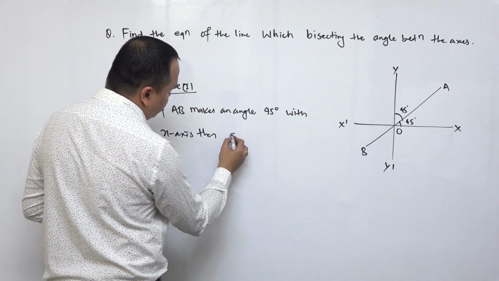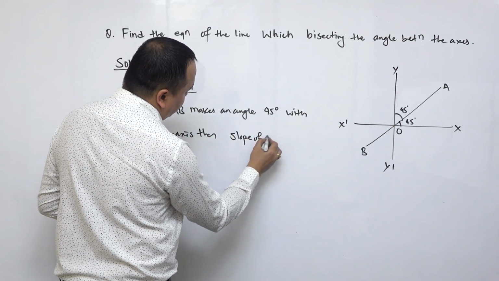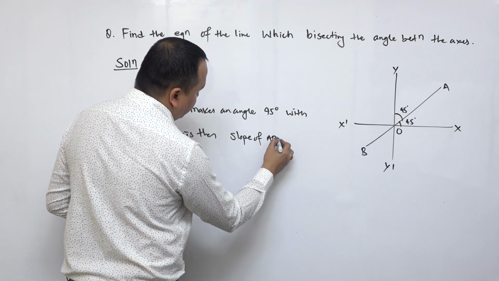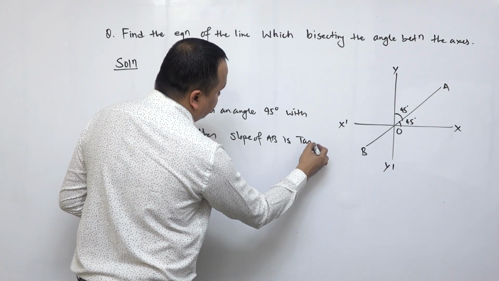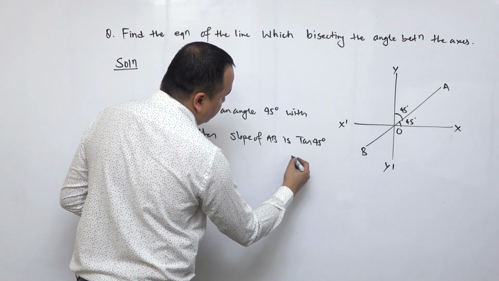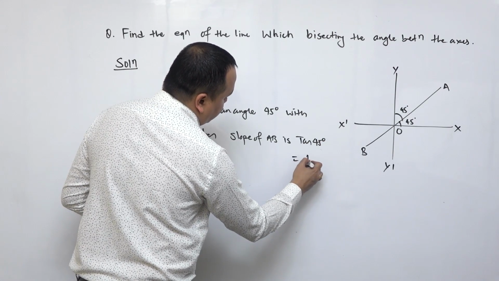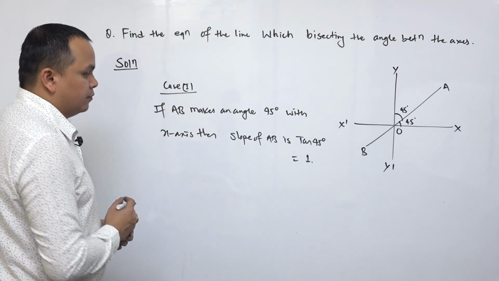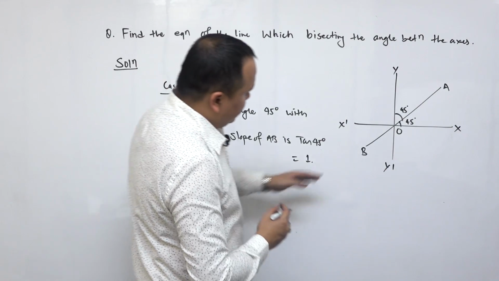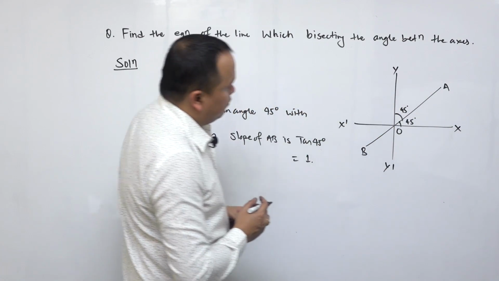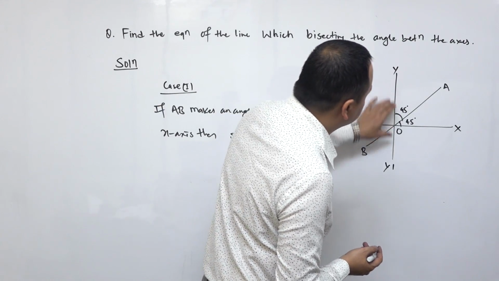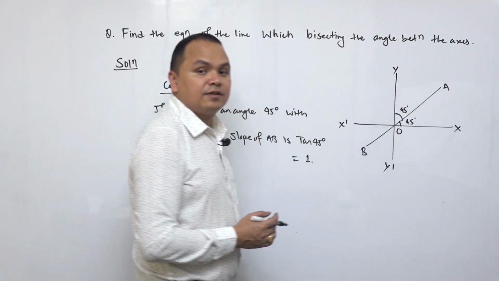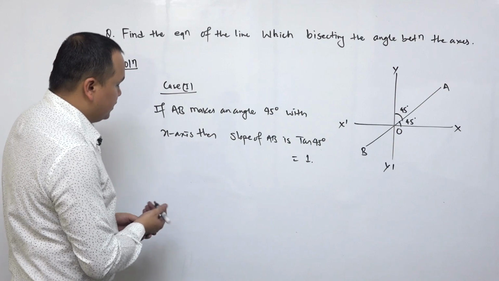then slope of AB is tan 45 degree. This is 1. Since AB passes through the origin, there is no y-intercept, that is c is equal to 0.